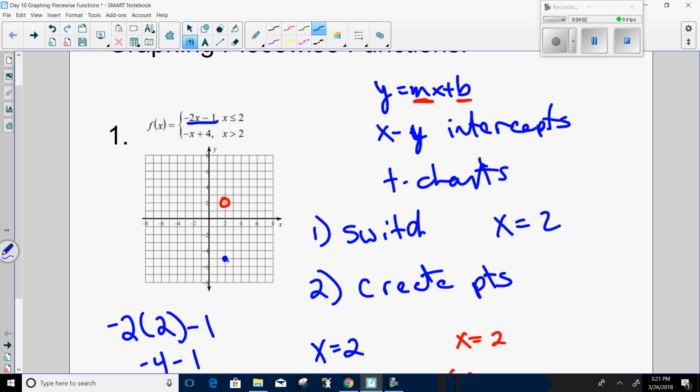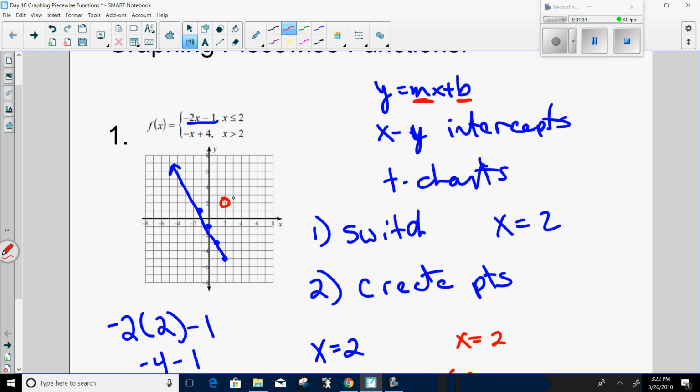So we use the slope: we go up 2, left 1, up 2, left 1, up 2, left 1, and notice that is creating a line that is left of 2, using a slope of -2. Notice how this line is coming down and creating a slope of -2. I went up and left because I needed that left movement to get to the left side of 2.